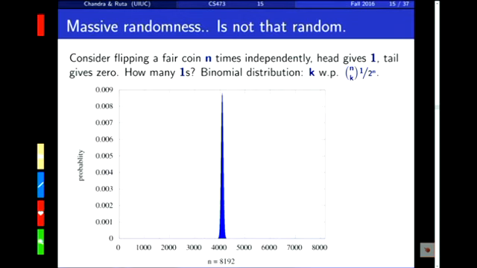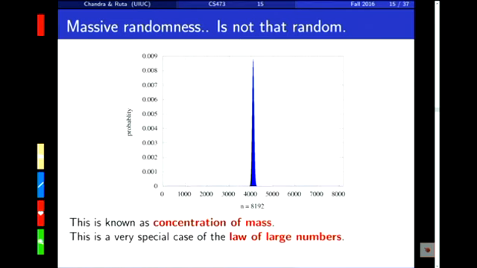So it really starts looking like expectation is the real thing. All the probability mass is around the expected value. This is what we want to prove quantitatively, for a very specific type of distribution, where we are just flipping coins.